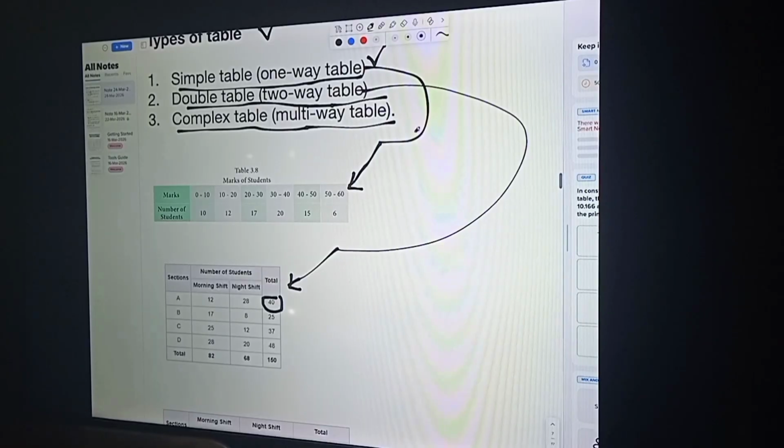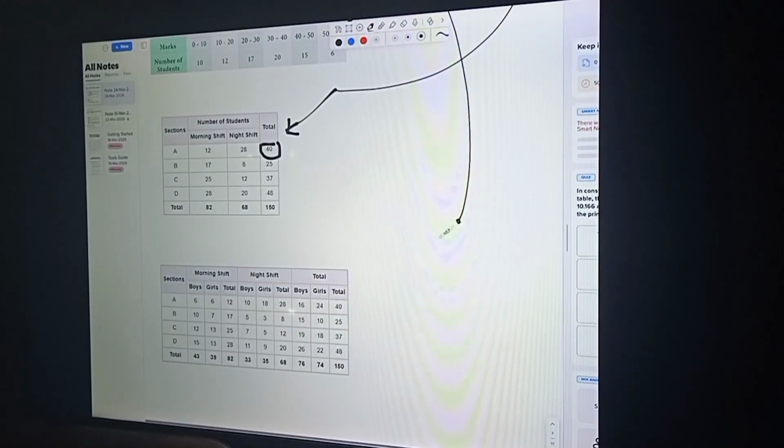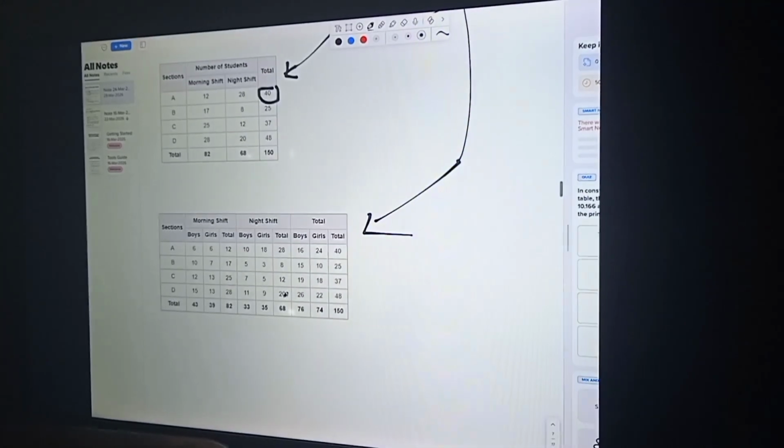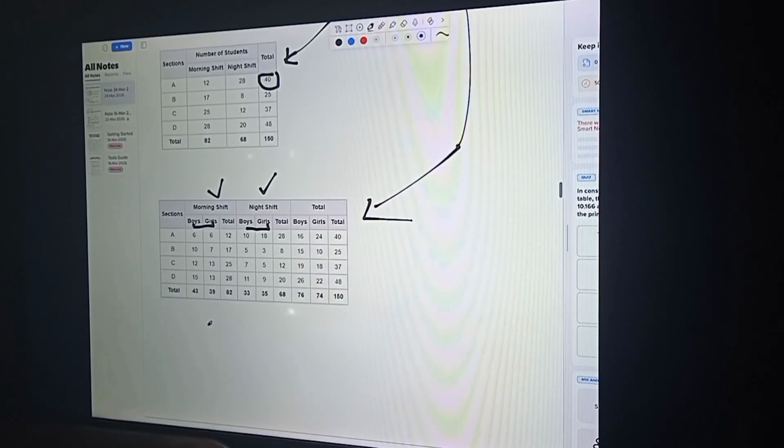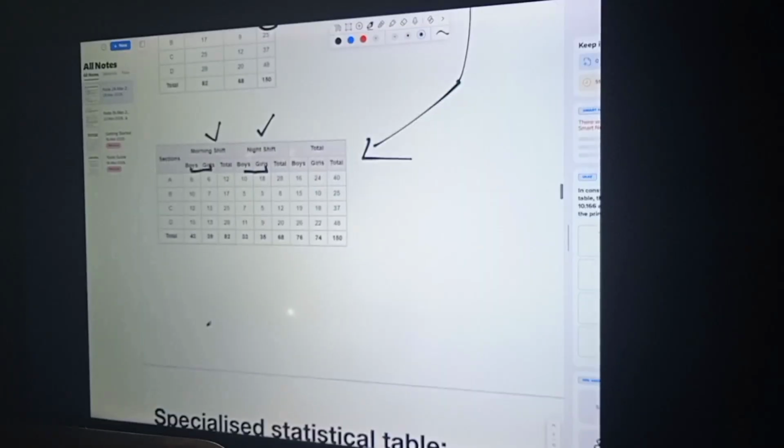The next, third type of table is the multi-way table or complex table, in which more than two pieces of information are given. So here morning shift and evening shift, with further segregation of boys and girls, in section A. So morning shifts with boys and girls and evening shifts with boys and girls.